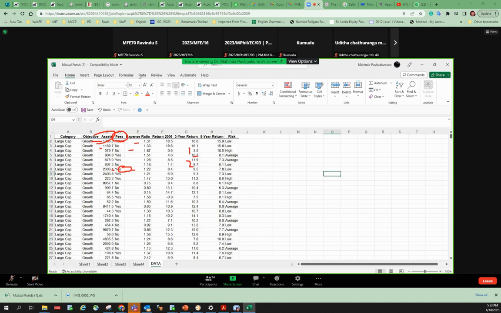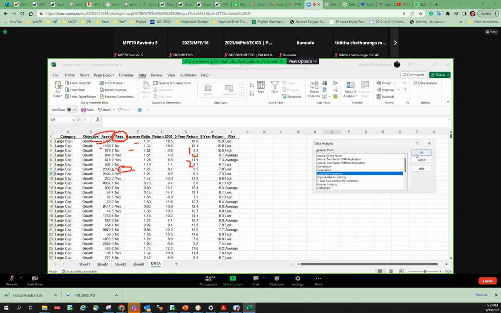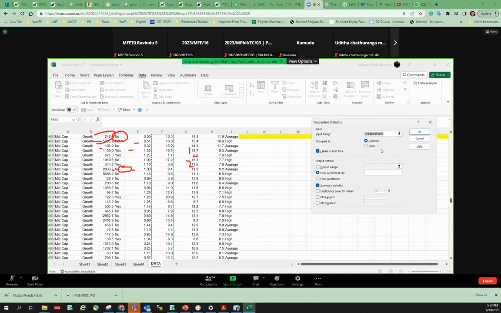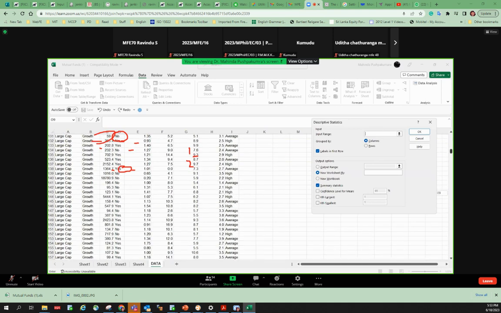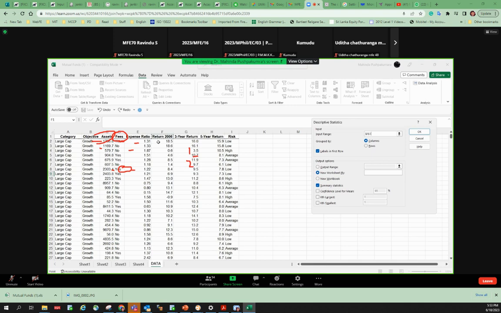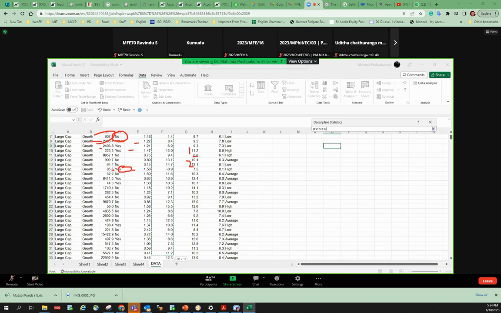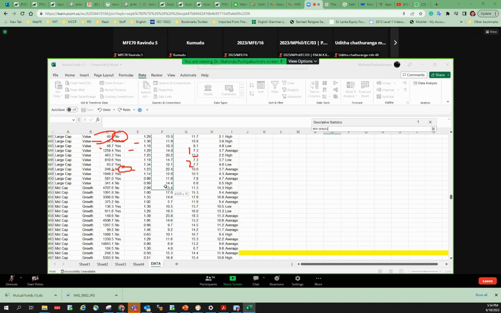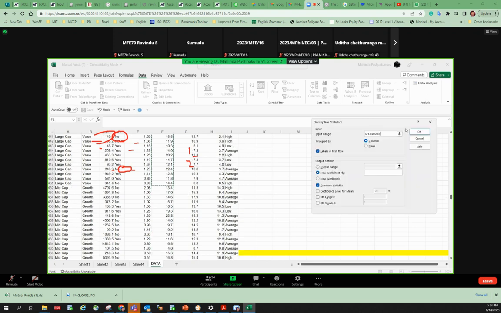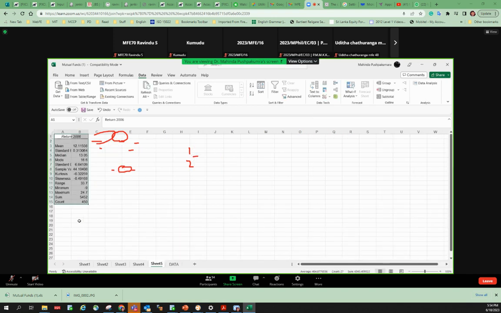Calculate the descriptive measures. Return, large cap. Okay. Then this is for large cap.